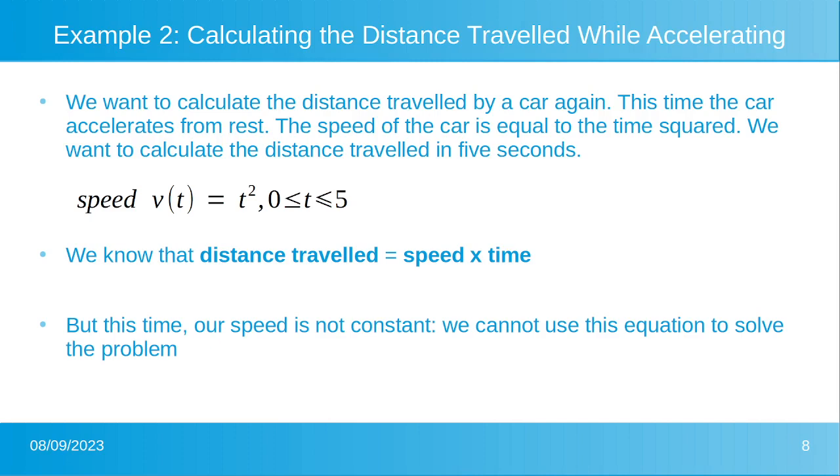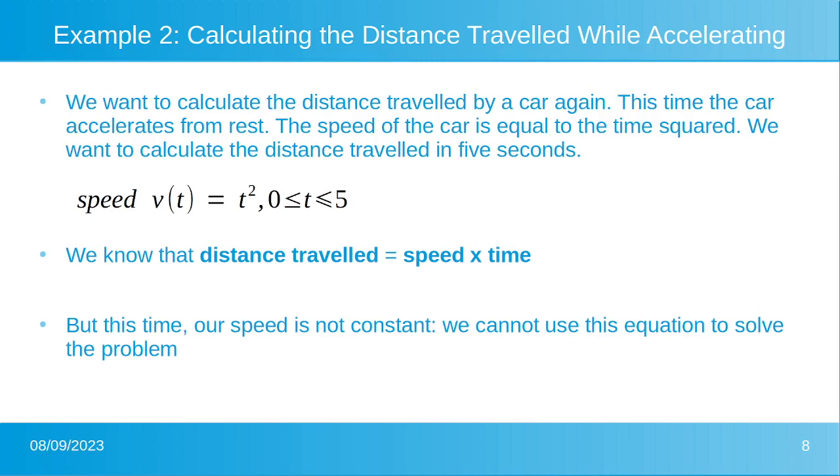Here for our second example, we're calculating the distance traveled while accelerating. We want to calculate the distance traveled by a car again, but this time the car accelerates from rest, from a full stop. The speed of the car is equal to the time squared, and we want to calculate the distance traveled in 5 seconds.